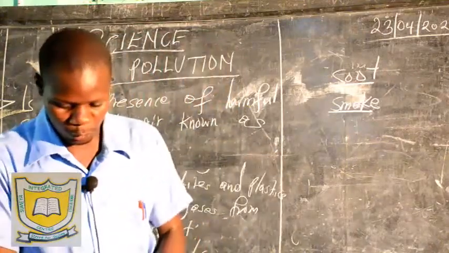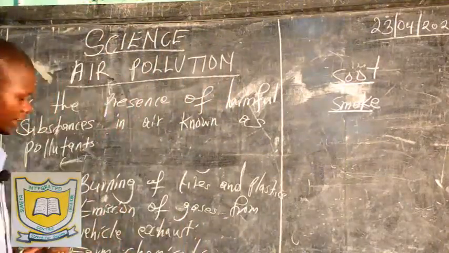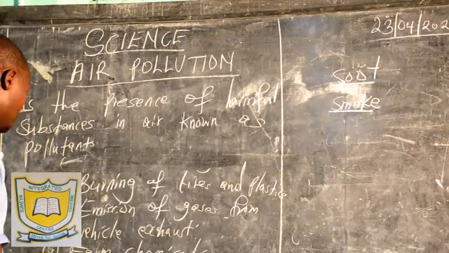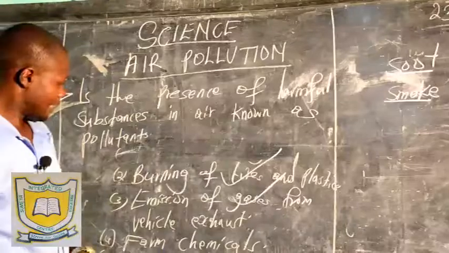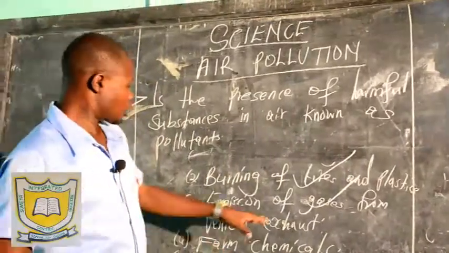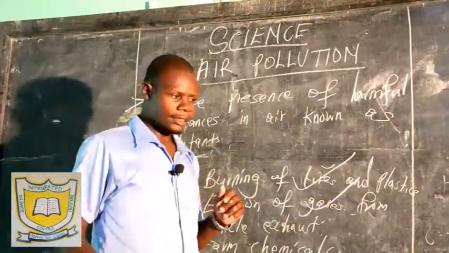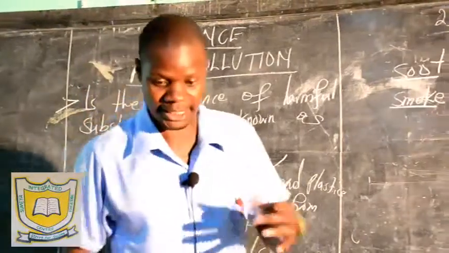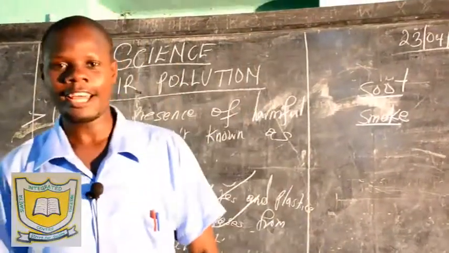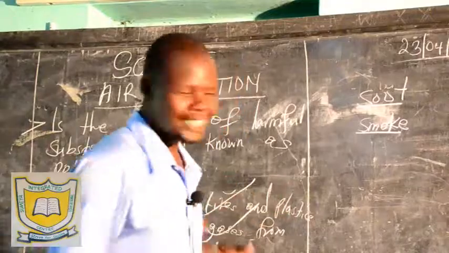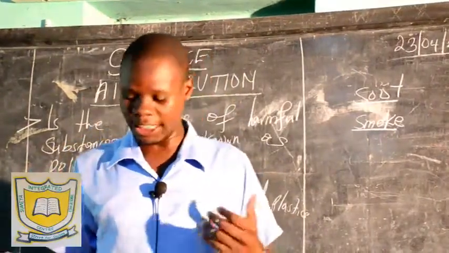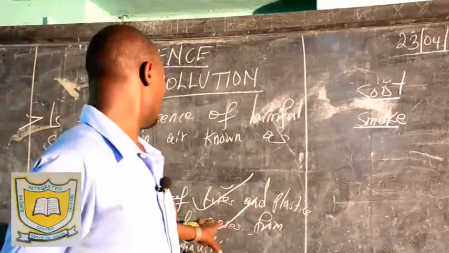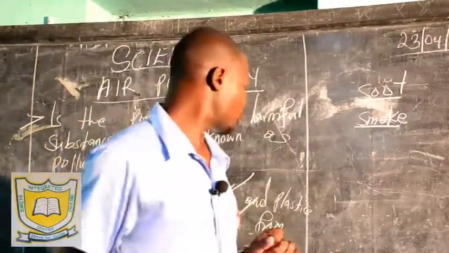Next we have emission of gases from vehicle exhaust. You have seen mostly in busy towns like Nairobi, Mombasa, Garissa, where we have so many vehicles. We find a vehicle whose engine is not functioning well, producing a lot of smoke. That is pollution of air.